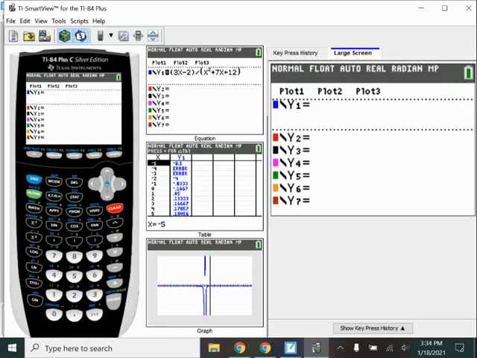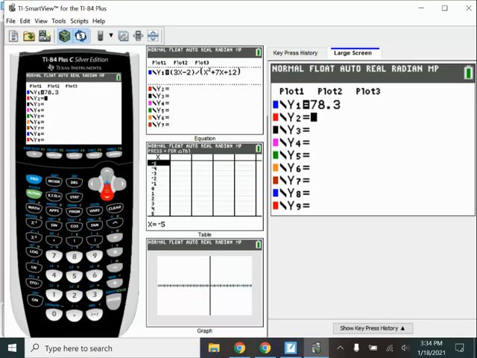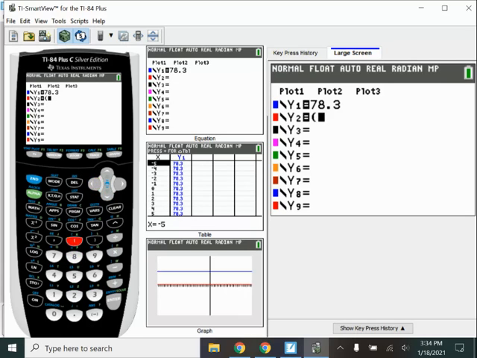Clear out the equation that's in there. I have 78.3 as one of my equations. I have 8.7, and I want to put this in parentheses, and I'm going to put in an x instead of a p, divided by 100 minus x.